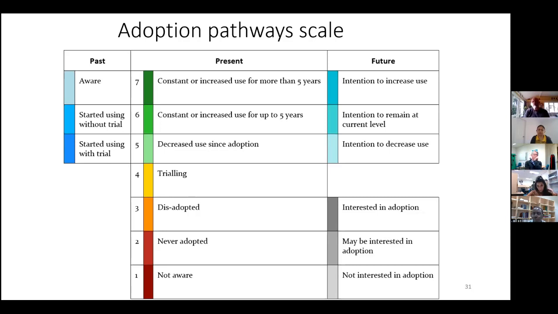So a trial, and then 3 levels of use at the moment. The ones that decreased the use since they adopted, the ones that have been using it constantly or increasingly in the short term, and the ones who have used it consistently or intensively for more than 5 years, so the long-term users of it.